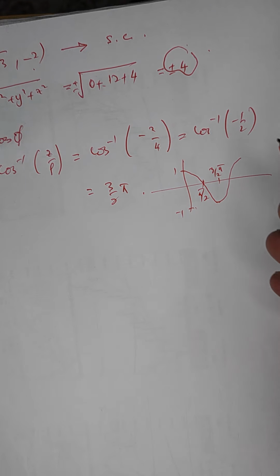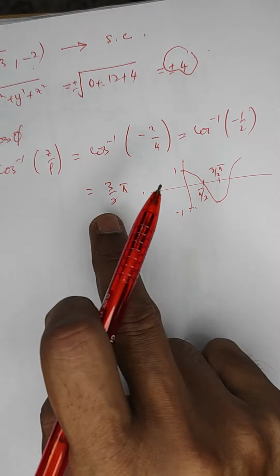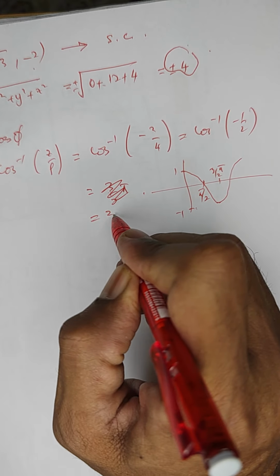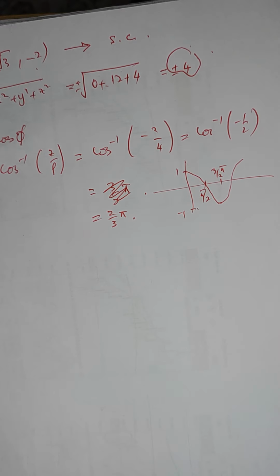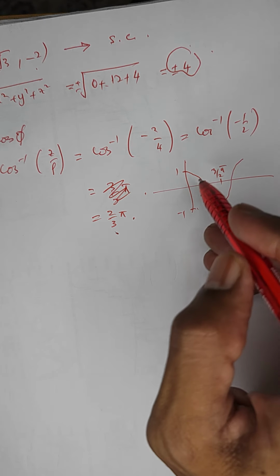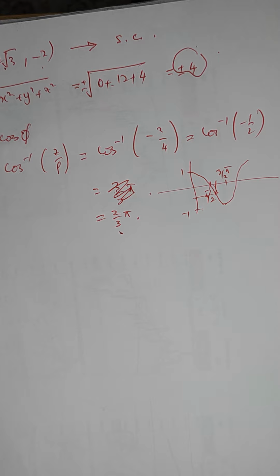Sorry, this is not 3 over 2 pi, this is 2 over 3 pi, sorry about that. Okay, 2 over 3 pi, so this is somewhere here, minus half. This is 2 over 3 pi.